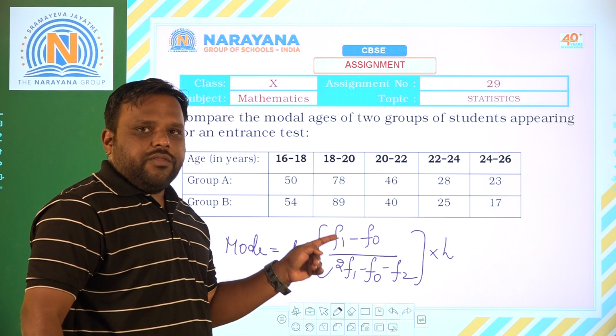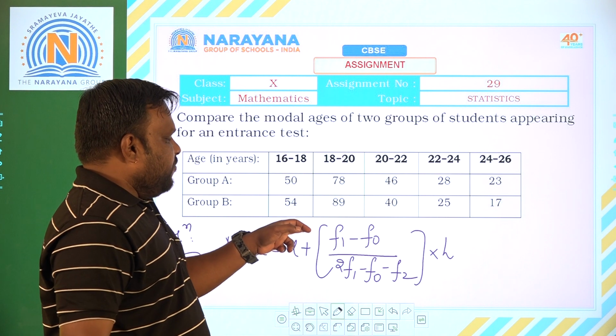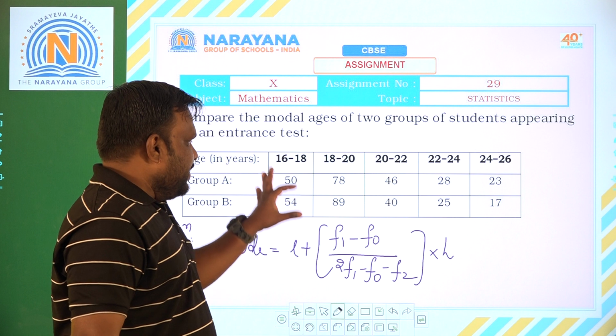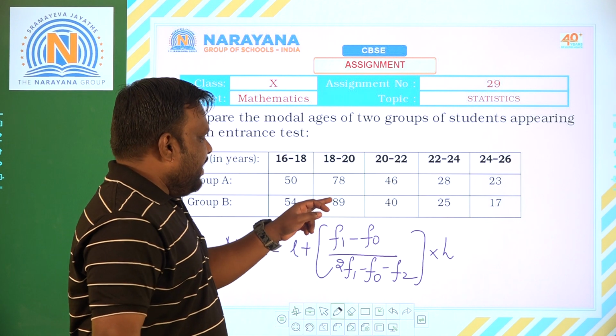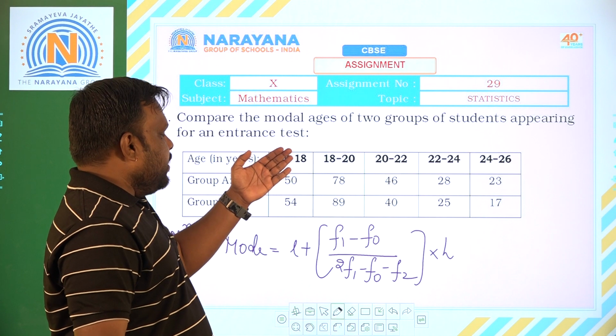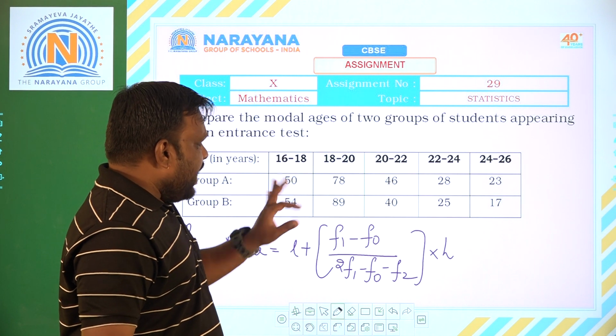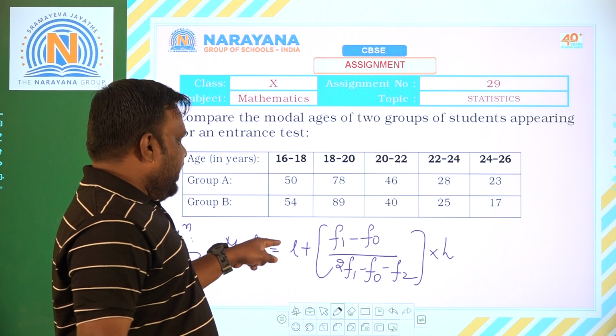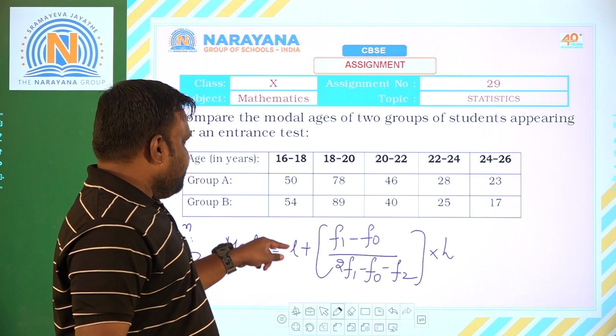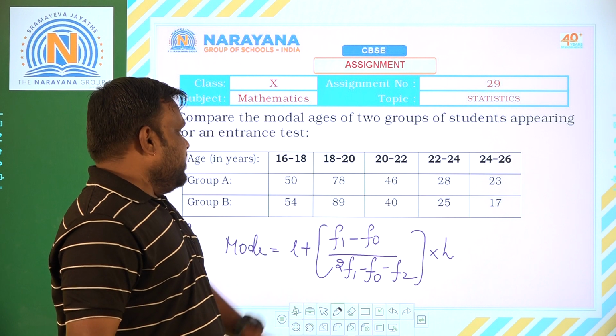F1 is the frequency of the modal class, that is the highest frequency of the frequency table, which will be considered as the modal class. F0 is the frequency above the highest frequency, F2 is the frequency below the highest frequency, L is the lower limit of the modal class, and H is the class interval.